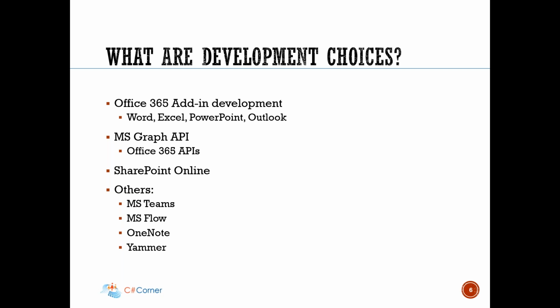People do development in Teams, Microsoft Flow, OneNote, and mostly in each and every product which Microsoft has that is part of Office. But in today's webinar, we'll concentrate only on the first two points, which are Office 365 add-in development and Microsoft Graph API.